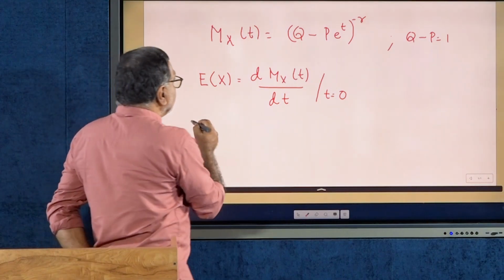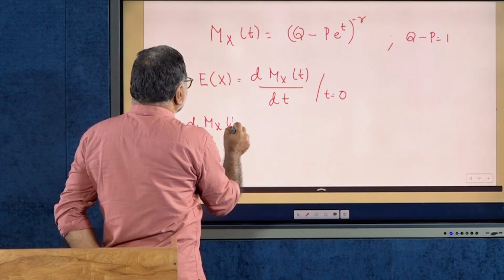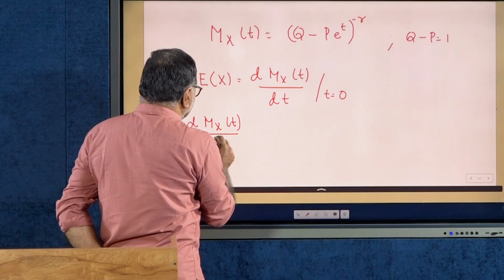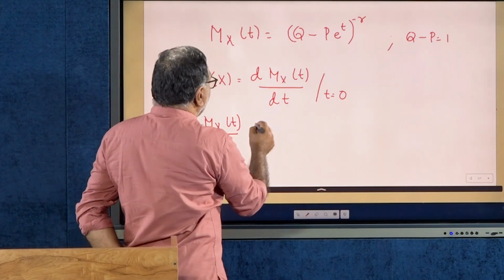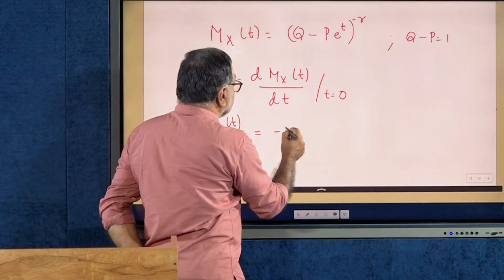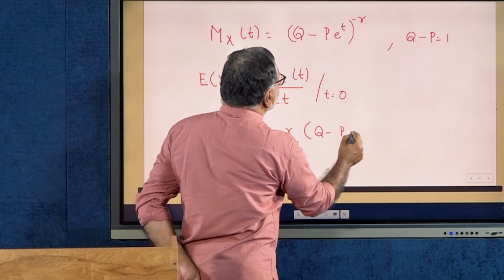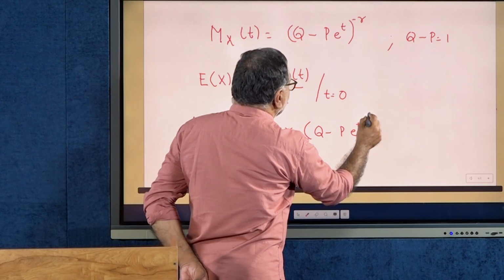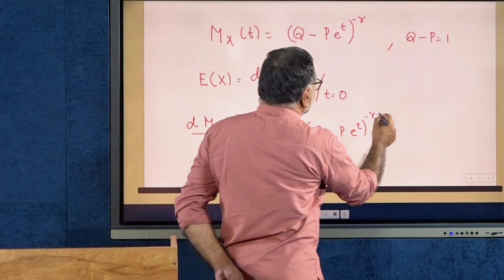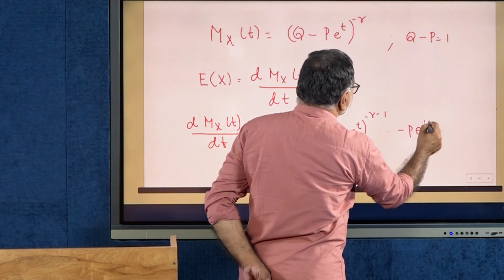The derivative is -r (q - p e^t)^(-r-1) times (-p e^t).